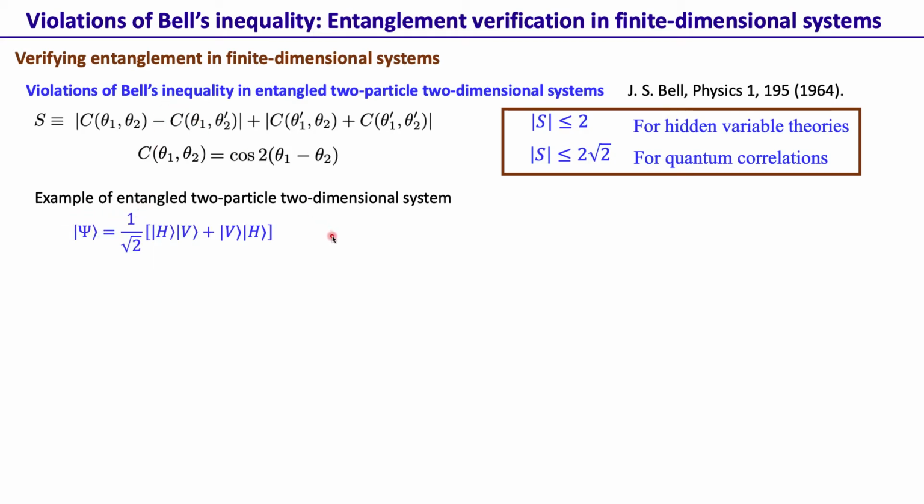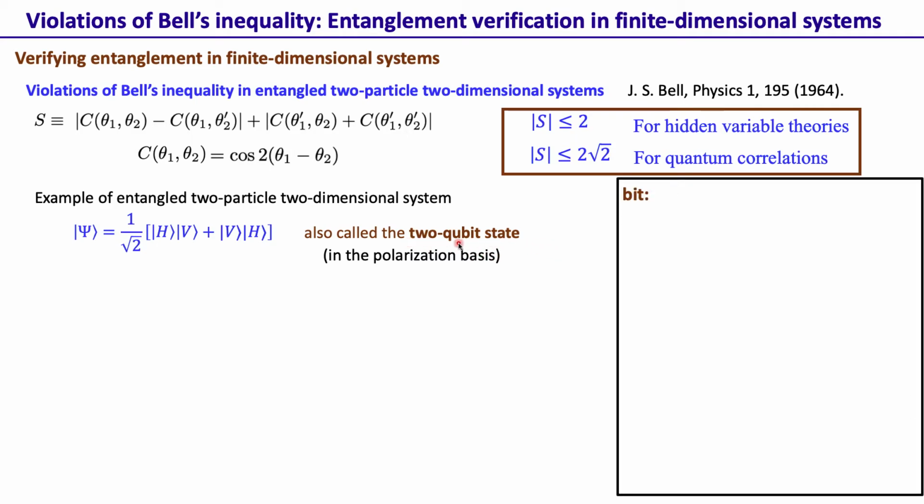the Bell's inequality can actually be applied when we have these two-particle two-dimensional systems, and these are also called two-qubit systems. And here we have this example in the polarization basis. In fact, this is just a slight digression here. This two-qubit state is very important for quantum information or quantum computation systems and many protocols. So why do we call it a two-qubit state?